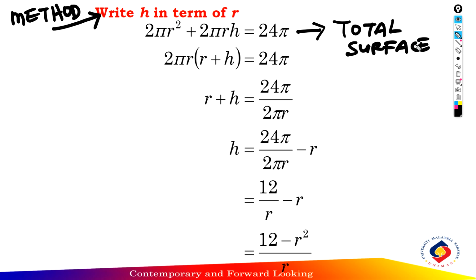Move out the constant, 2π, and move out the radius: 2π times r times (r plus h) equals 24π. Then 24π over 2πr, and you cancel and write down h in terms of the radius.